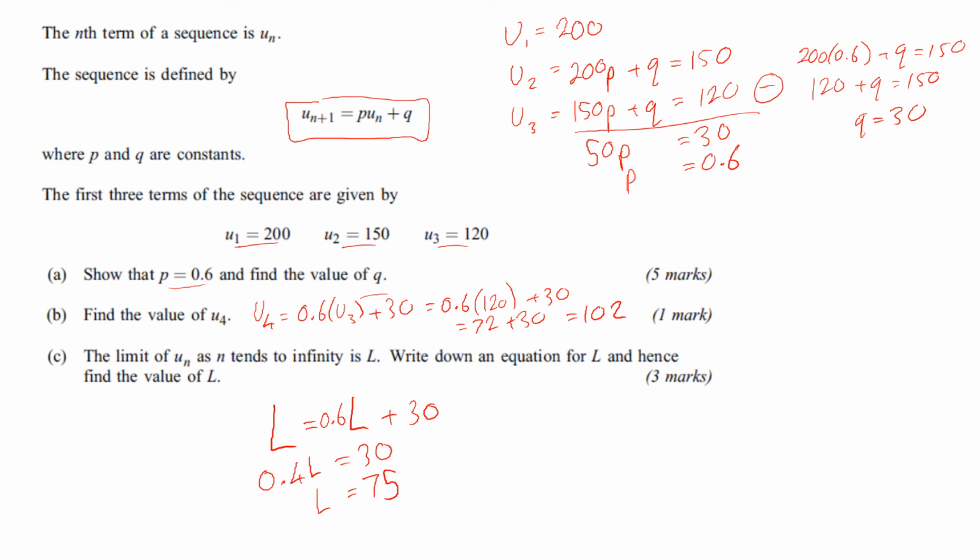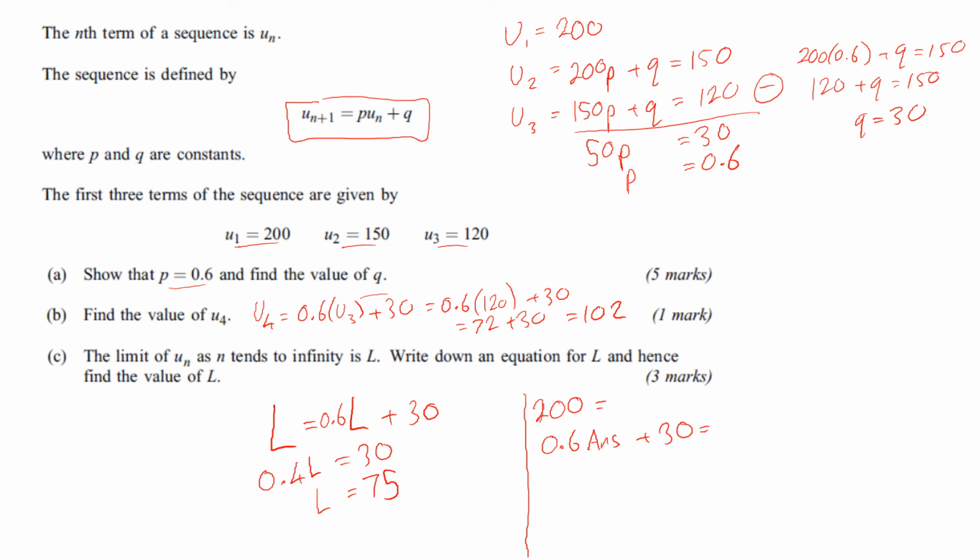Now, if you didn't feel very confident in that sort of approach, another way of getting the limit to infinity would be using the answer key on your calculator. One thing I could recommend is this. Type in 200 equals, and that gives you 200 on the machine, and then you want to do the formula repeated. So we want to go 0.6 times answer plus 30.